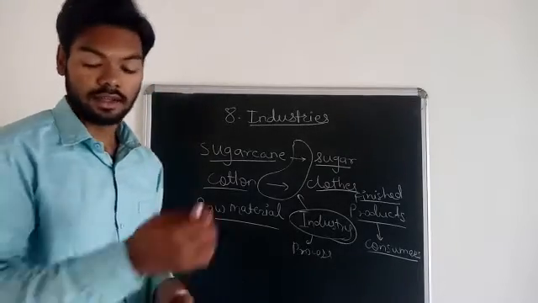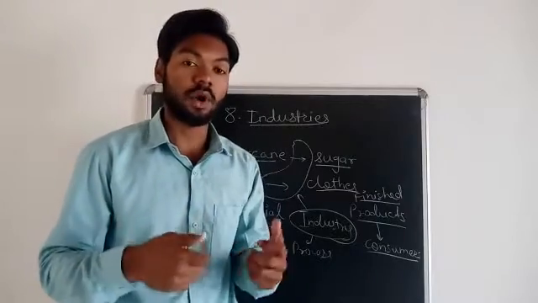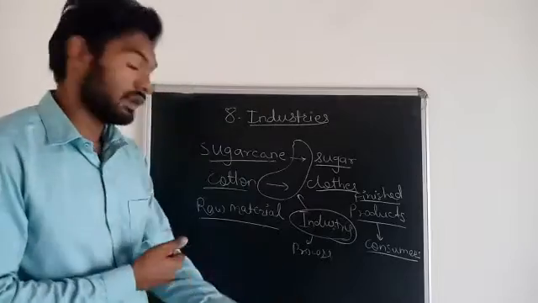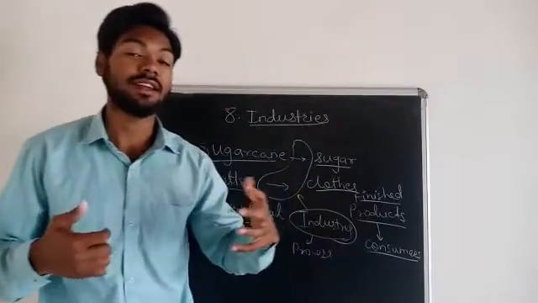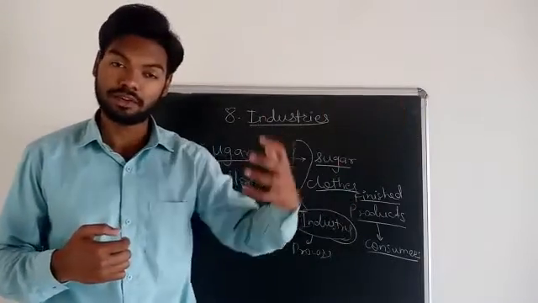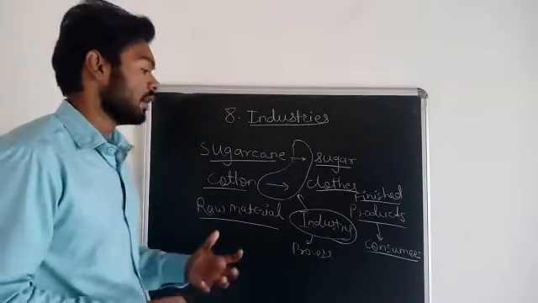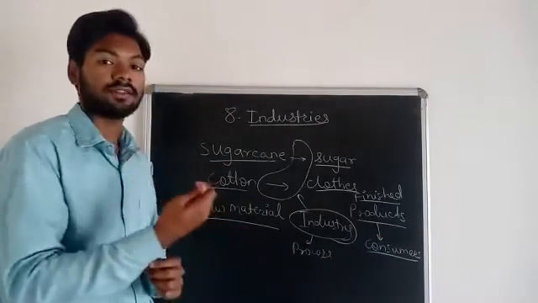Then again these clothes: weaving all the threads into each other and processing it, then giving it color, then sending it into the markets, and then I go to the shop and purchase it from there. So you see it undergoes a lot of processes. This is what we are using as consumers.